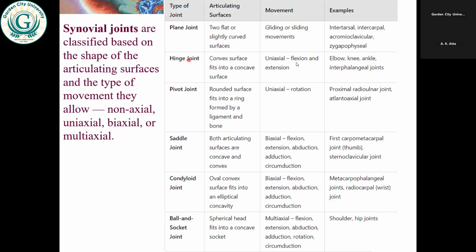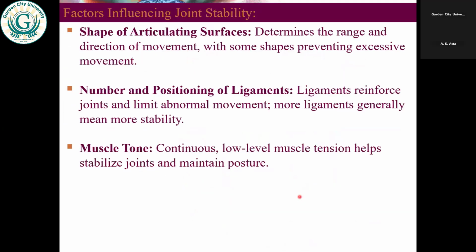So there's flexion, there's what? Extension. There's flexion, there's what? Extension. If you look at biaxial, there's flexion, there's extension, there's abduction, then there's what? Adduction. If you look at multiaxial, you have plenty. You have flexion, extension, abduction, and what? Adduction, rotation, and circumduction. So movement is occurring in so many planes.